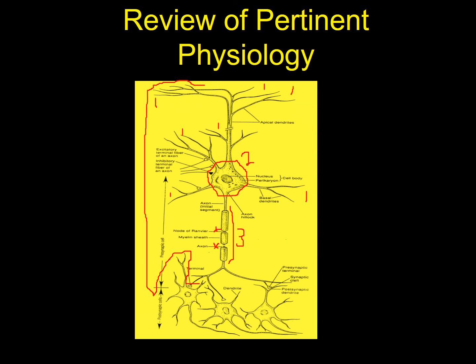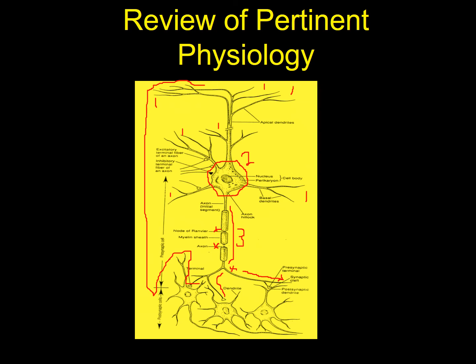It jumps from node to node to node, and then that impulse will continue to move, and I'm going to put another X here, and then a red line with an arrow. The impulse moves all the way to the very end of this neuron, and it's still all one neuron here. You can't really see it on this slide.